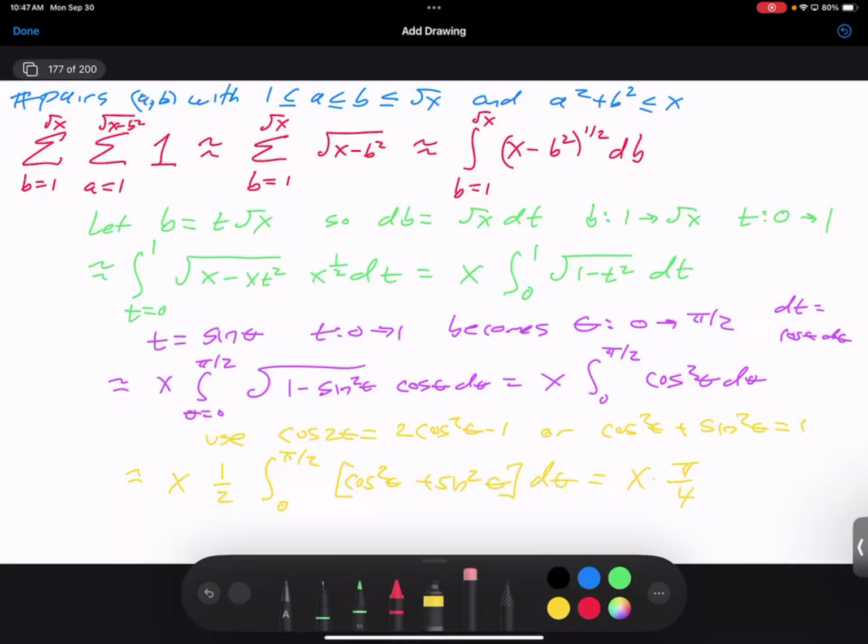Is this a reasonable answer? That's what, like 78%. So 3/4 would be 75%. So this is a little bit more. So let me see if I can quickly check.